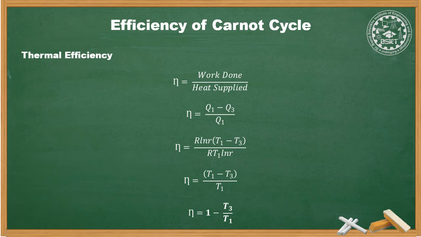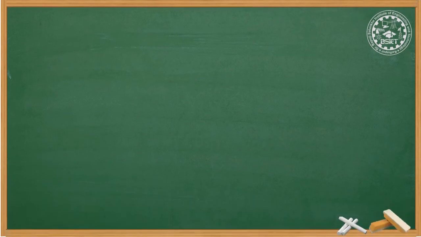The Carnot cycle or Carnot heat engine is an ideal engine and is not possible in practice, for certain reasons. The formula for calculating the efficiency of the Carnot cycle is 1 minus T3 upon T1. In this, if T3 decreases, the efficiency increases.